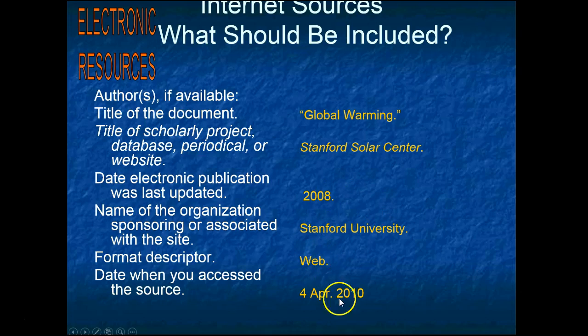We found it on the web, and what day did we find it? So we looked it up on April 4th, 2010. Remember, it was published in 2008, but we looked it up on April 4th, 2010. So this is using an electronic source, but through the web. This time we did not use the print. We did not print off and have a hard copy in front of us.